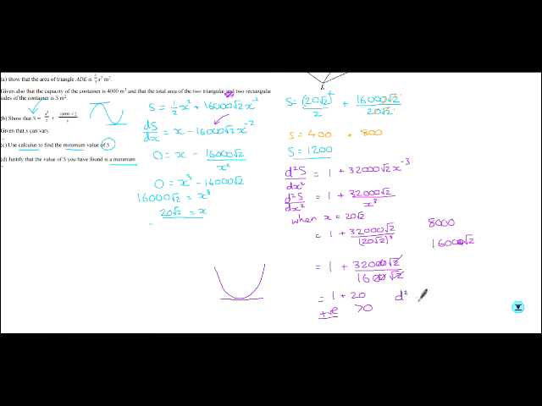So if we say d2s by dx squared is positive, therefore greater than 0, therefore it's a minimum.